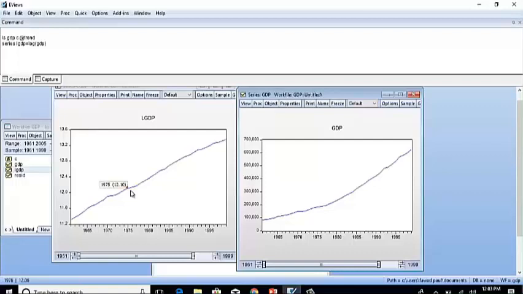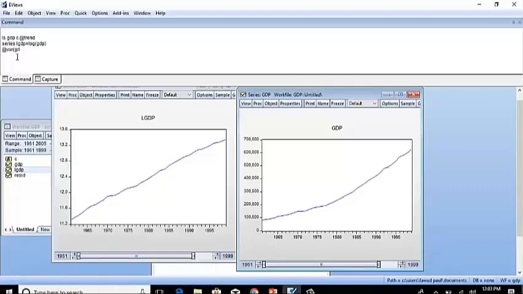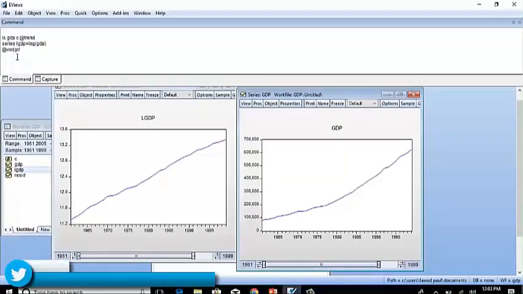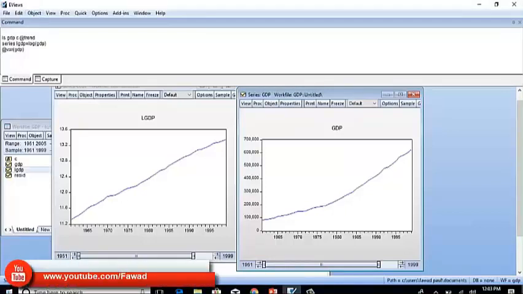How can we find whether the variance is stabilized, meaning the variance has decreased or not? This is a very easy procedure as well. Just write @var, meaning variance, and write GDP. This is the variance of the GDP.